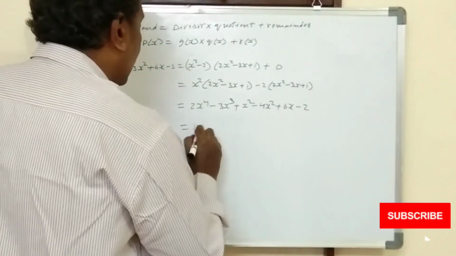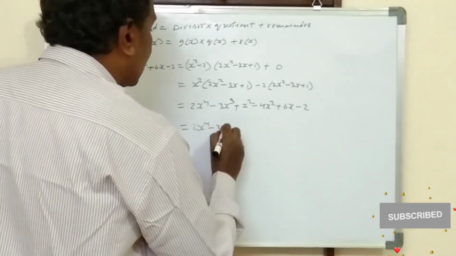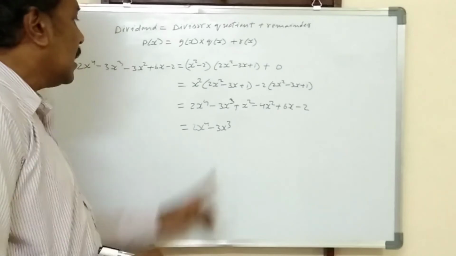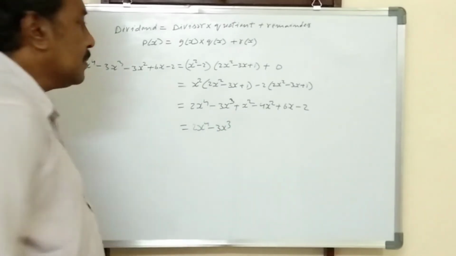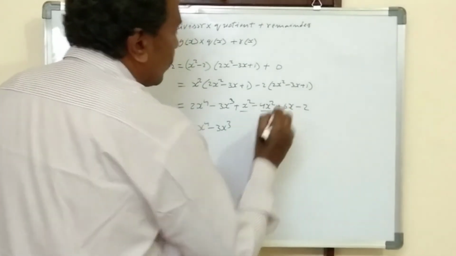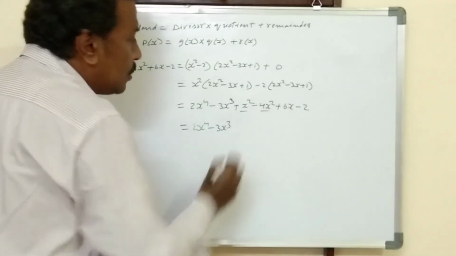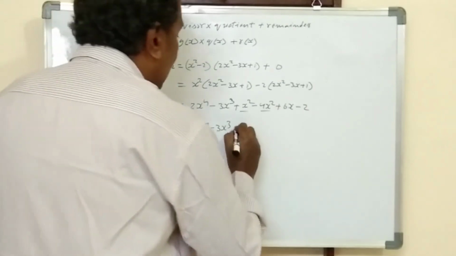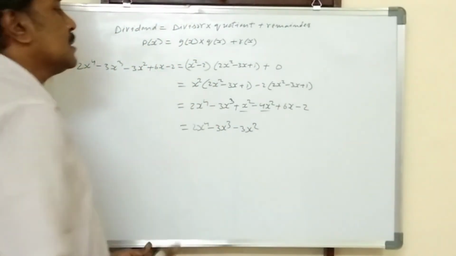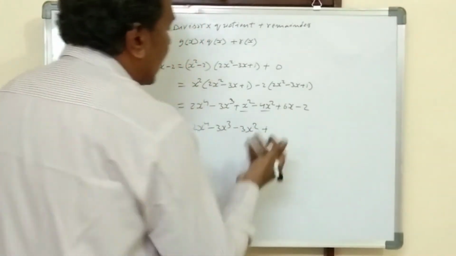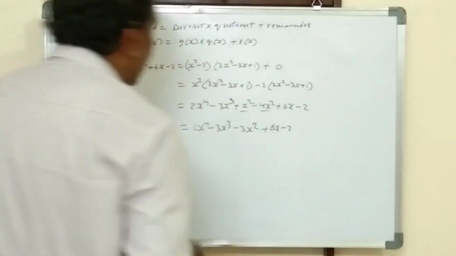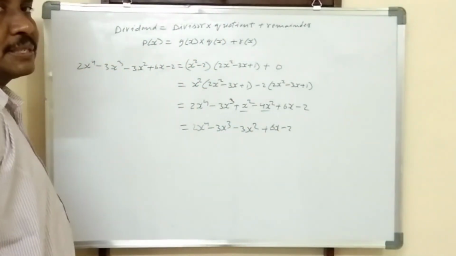What are the like terms here? For 2x power 4 and minus 3x cube, no like terms are there. What about x square? x square minus 4x square, these two should be simplified. That becomes minus 3x square, because they are like terms. Plus 6x minus 2.